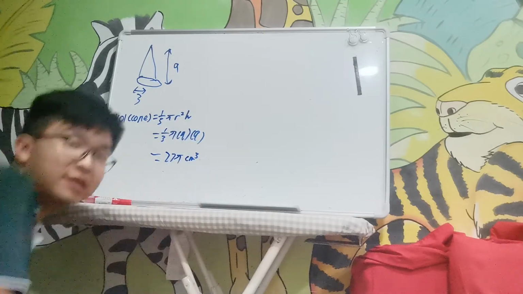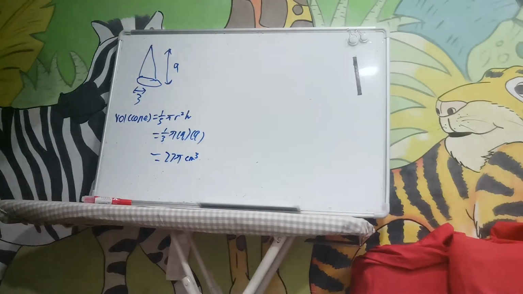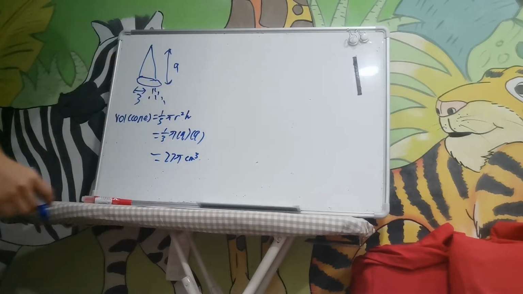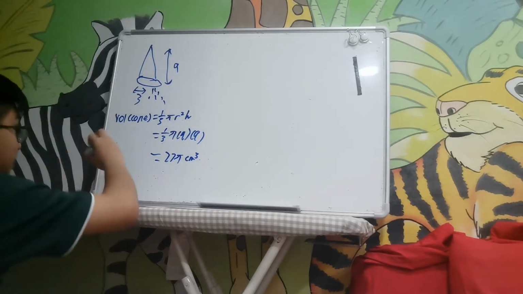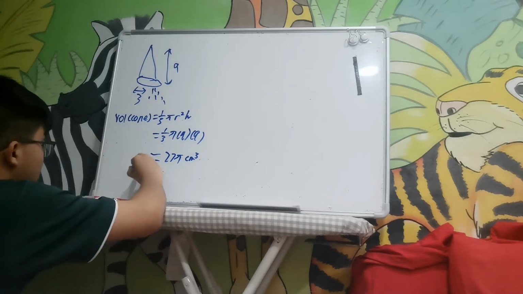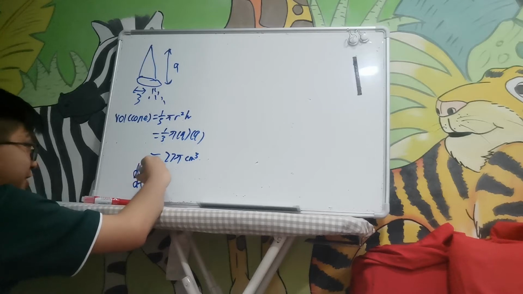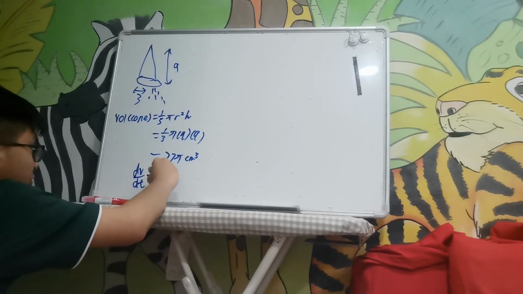With this out of the way, we have another piece of information: water is leaking from the circular base of the cone, which means that it is trickling out from here at a constant rate of 2 cm cubed per second. So the second piece of information is that dV/dt, the change in volume with respect to the change in time, is negative 2 cm cubed per second.